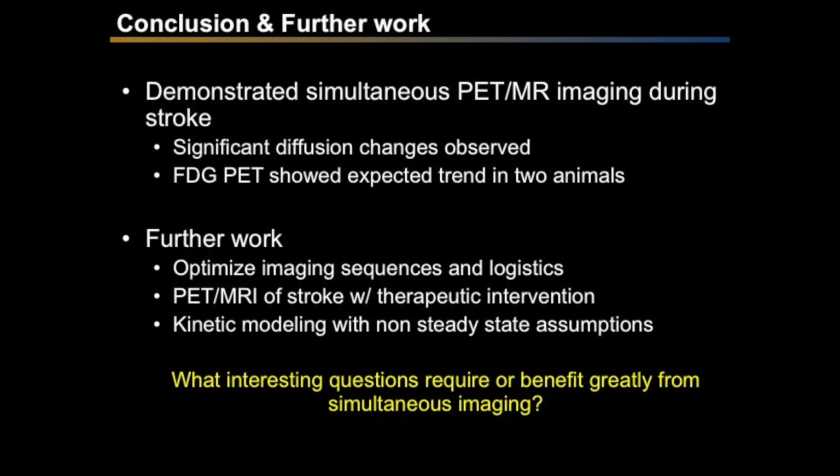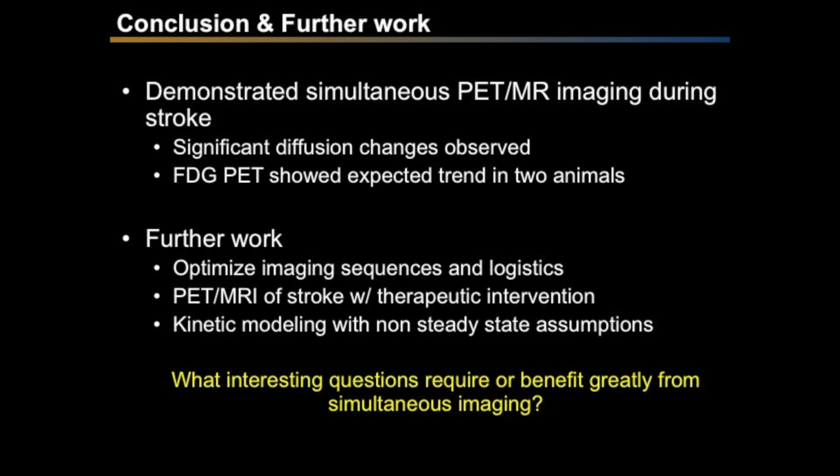So, in conclusion, I think we've demonstrated an interesting application of simultaneous NMR imaging, and we observed significant changes using MR and in 2 or 3 cases using PET. There is still quite a bit of work, but I think that it's promising and demonstrates possibilities.